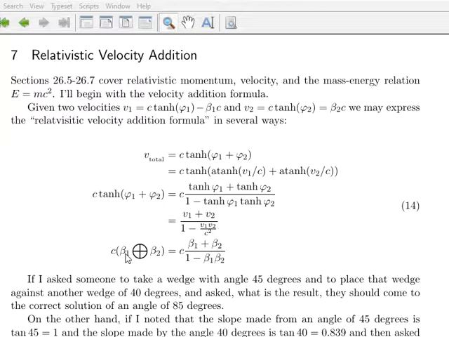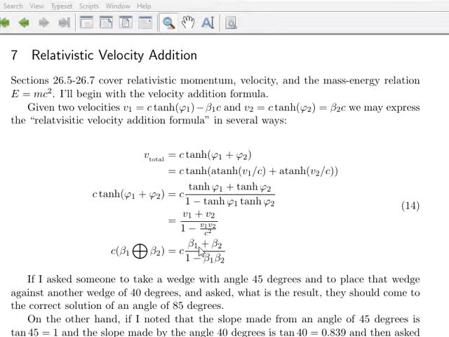Notice here I'm saying beta 1 is v1 over c, beta 2 is v2 over c. So I'm going to multiply by c, beta 1 plus beta 2, to get v1 plus v2. But I'm using this weird symbol here. It's a big circled plus, but it's not exactly addition.